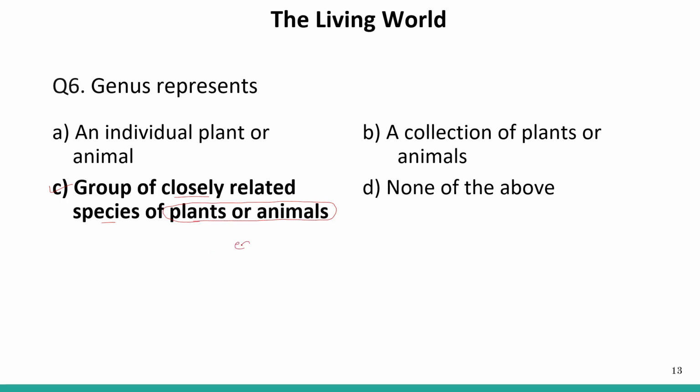A simple example can be Solanum tuberosum and Solanum melongena, you can say brinjal. Solanum tuberosum is potato. Solanum melongena is brinjal.